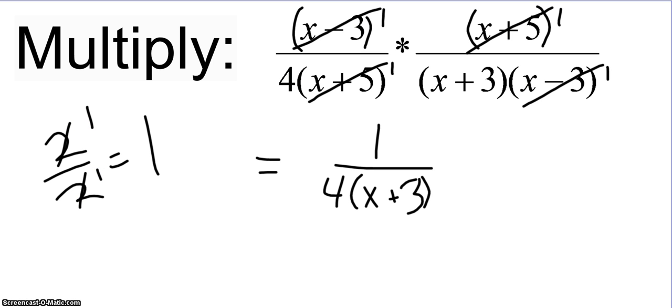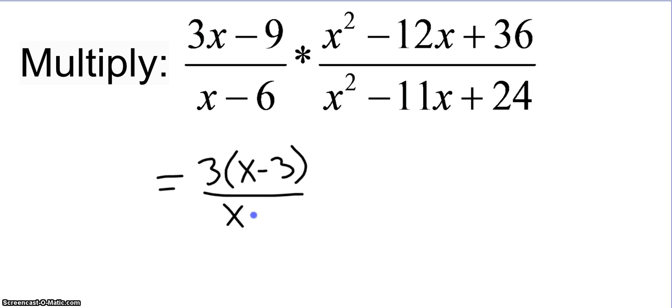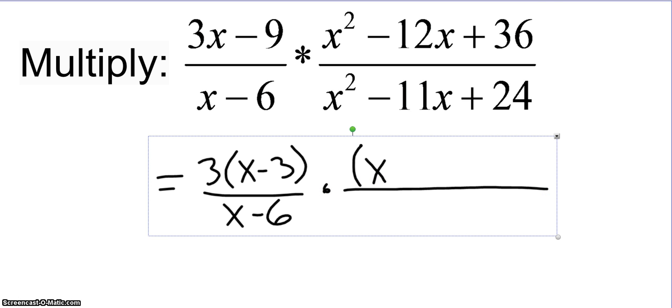Alright, next problem. Let's just knock these out of the park. Certain factors don't pop out right away, so you have to do whatever method you're familiar with to factor them. Right here, we're going to pull a GCF of 3 out, so 3x minus 3 divided by x minus 6 multiplied by, this is x, they're both negative, negative 6 and another negative 6.